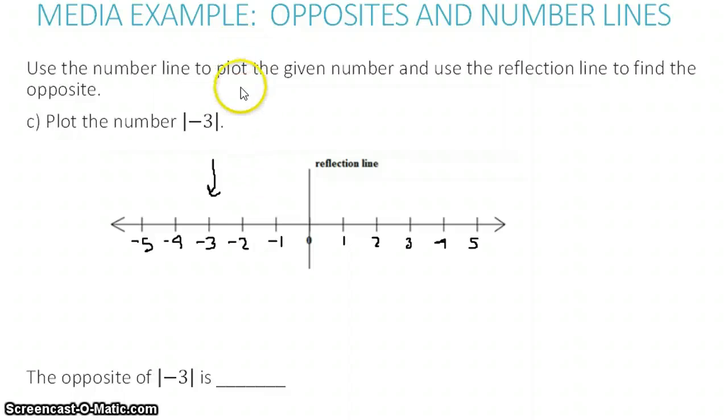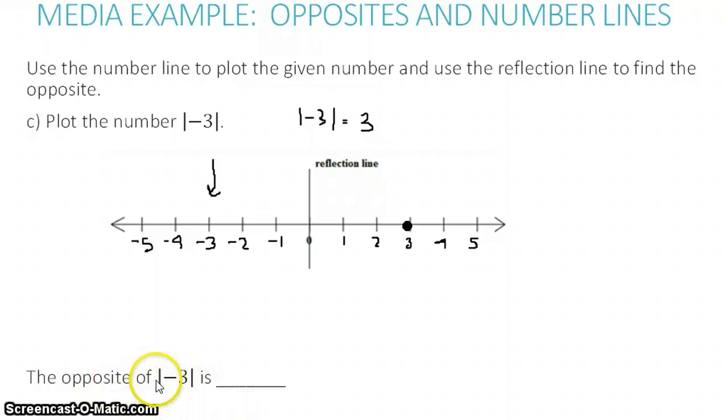So we're going to write that the absolute value of -3 equals 3. Okay. And we're going to plot that right here. So this is the absolute value of -3. Now we're asked to find its opposite.